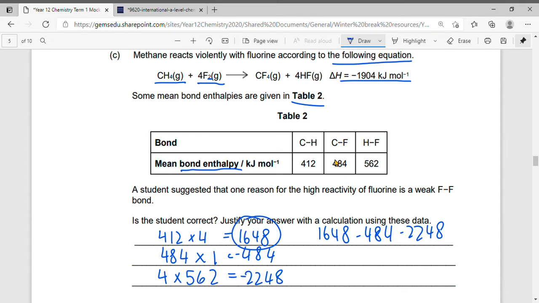What we should get is minus 184 this. And if we divide it by 4, it's just 1 kilojoules per mole.